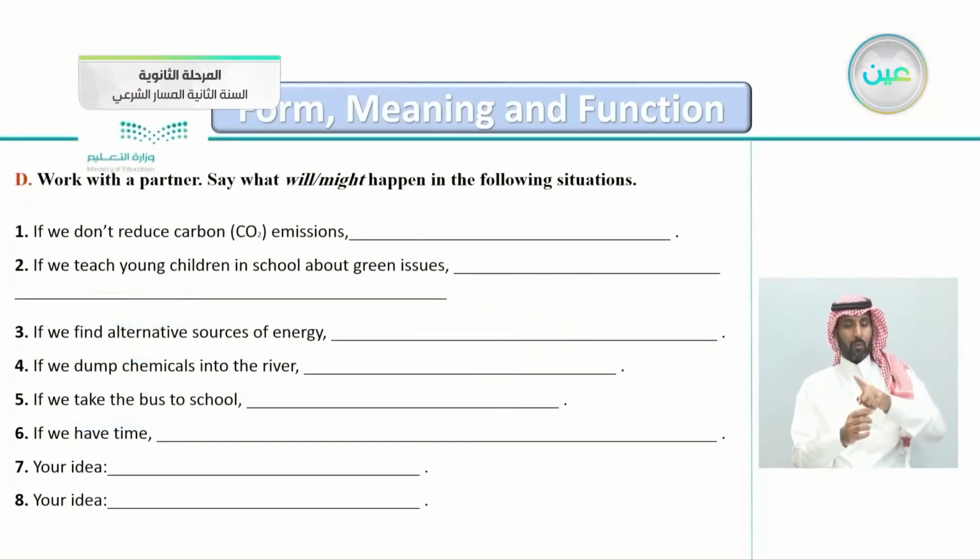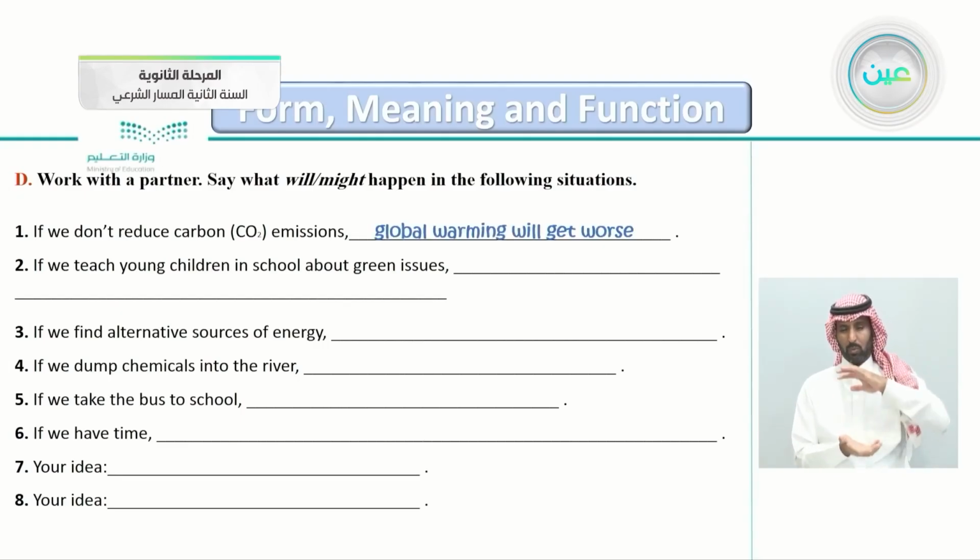Exercise D here. Work with a partner and say what will or might happen in the following situations. If you don't reduce carbon, CO2 emissions, you can, of course, continue this by yourself. So, for example, I wrote in the first one, if we don't reduce carbon emissions, what will happen?